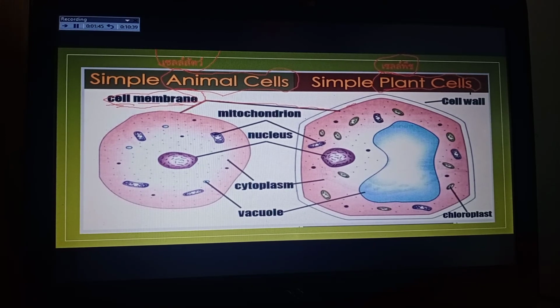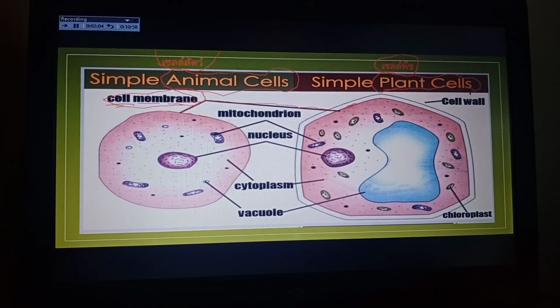Later on we will try to find out the definitions and the functions of each of the parts of the cells. Now this one is cell membrane, and this one also is cell membrane.